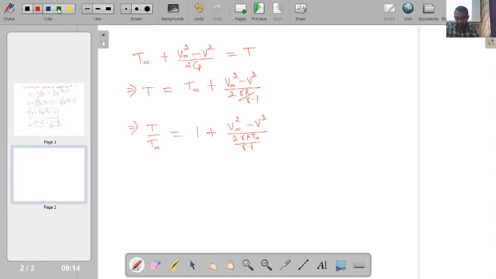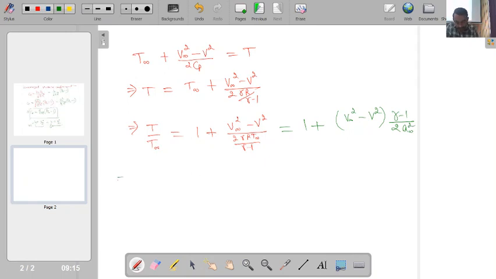And this comes out to be 1 plus V infinity square minus V square times gamma minus 1 by 2 times a infinity square, because gamma R T infinity becomes a infinity square.